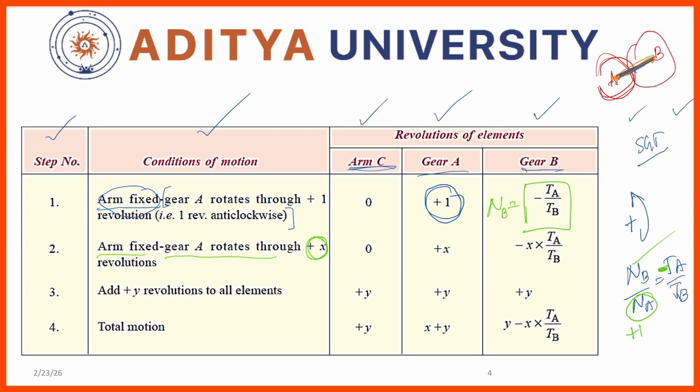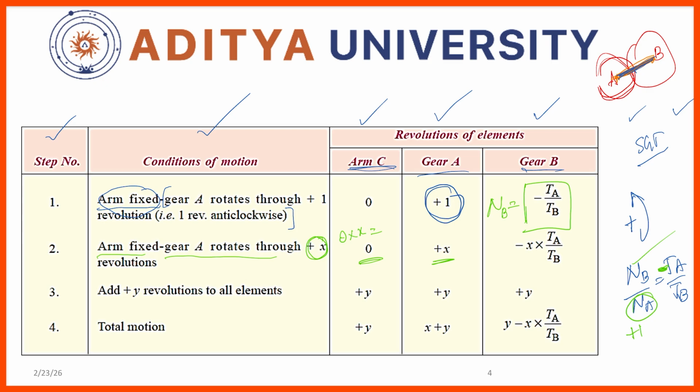Earlier it is +1 revolution only. Whenever I make the equation for 1 revolution, for as many revolutions, the same thing will rotate again and again. Now arm C, as usual, it is fixed, basically 0 into x, so 0 into x is equal to 0. So instead directly we are putting 0. And gear A is to be multiplied with +x, so +x.